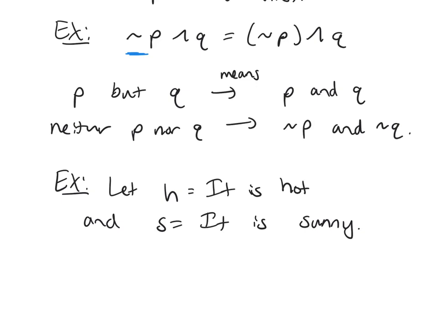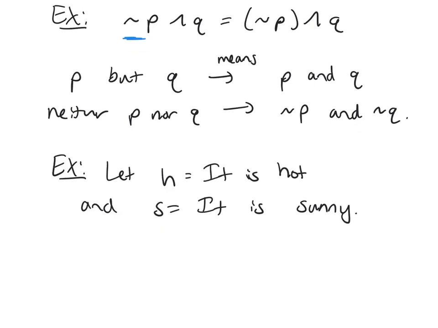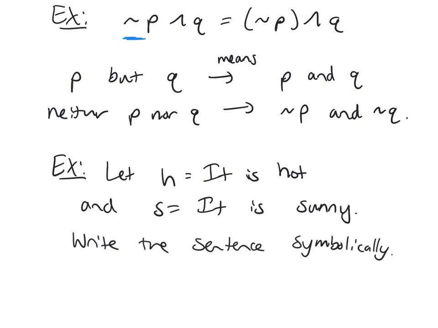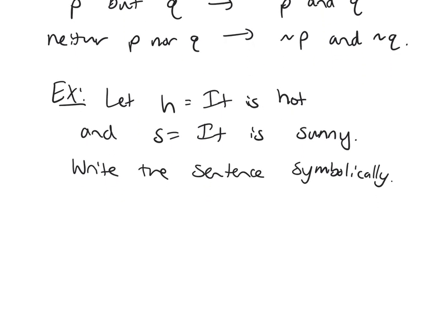And what I want you to do is write symbolically the following sentence. A. It is not hot, but it is sunny.